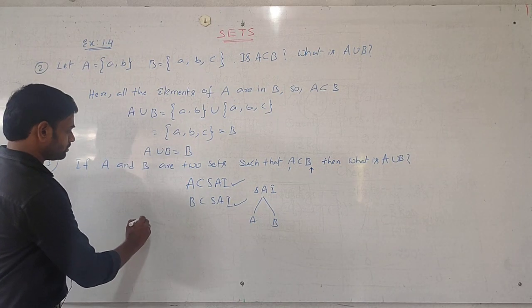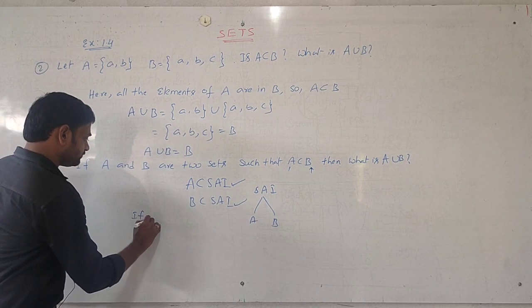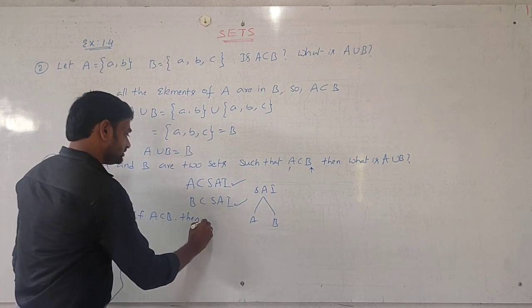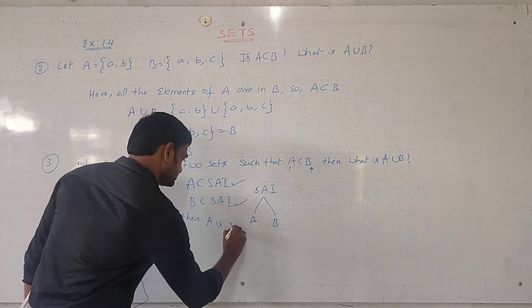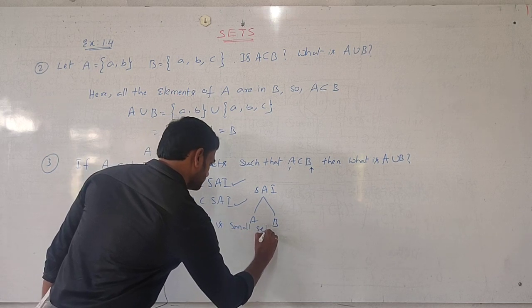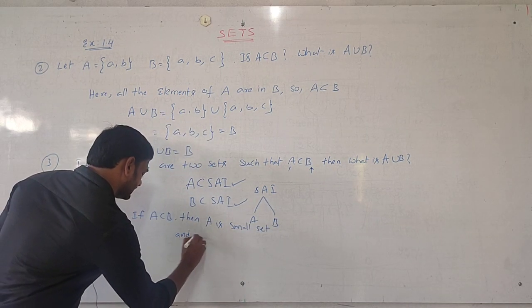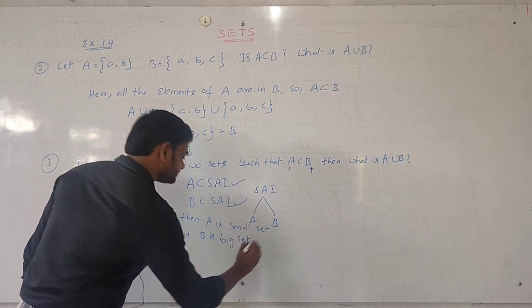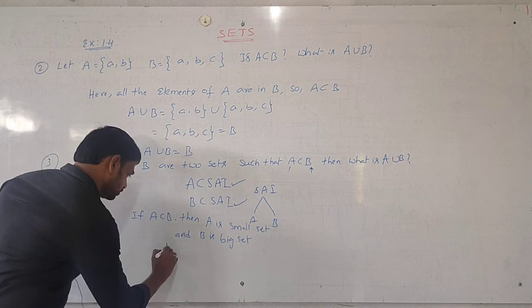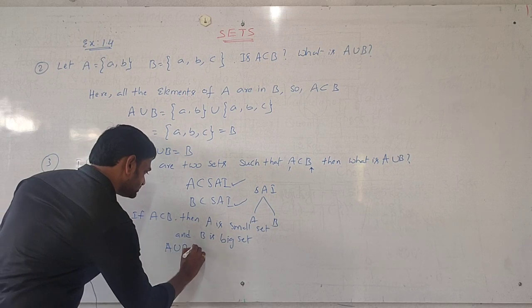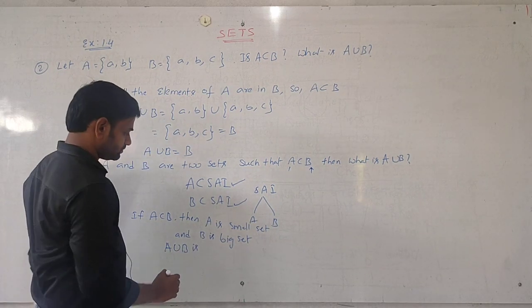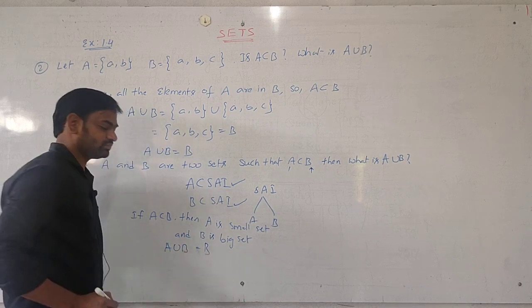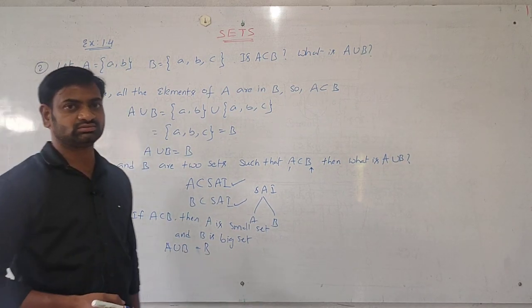If A is a subset of B, then A is the small set and B is the big set. So A union B is equal to B, which is the big set. That is the answer.